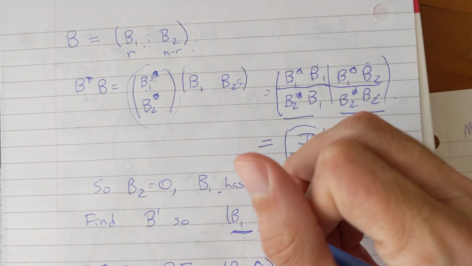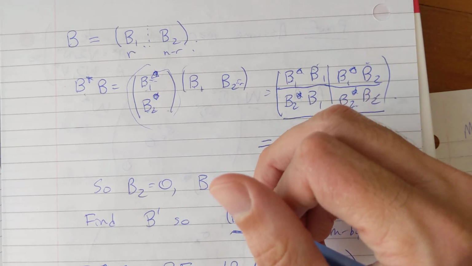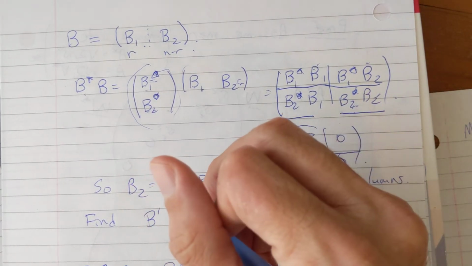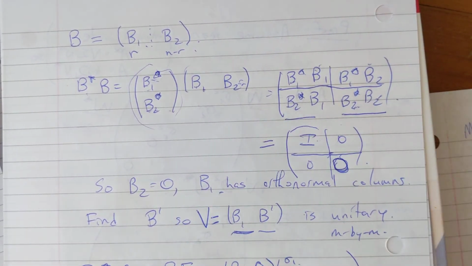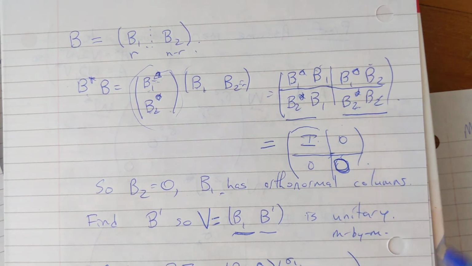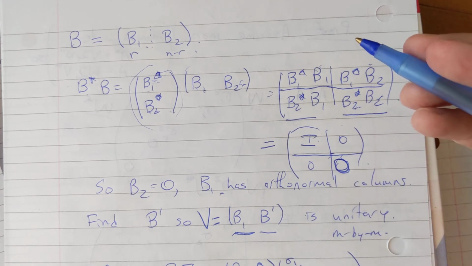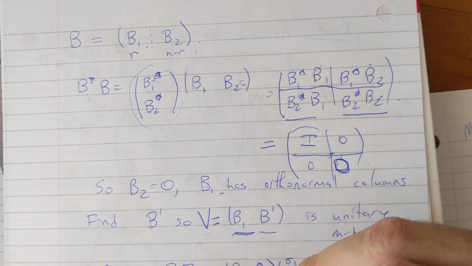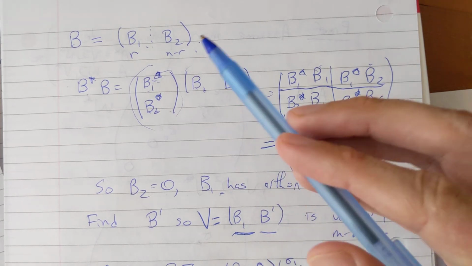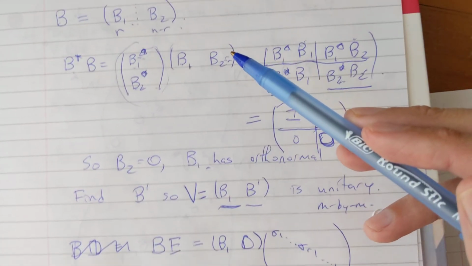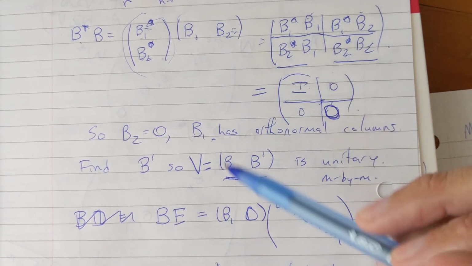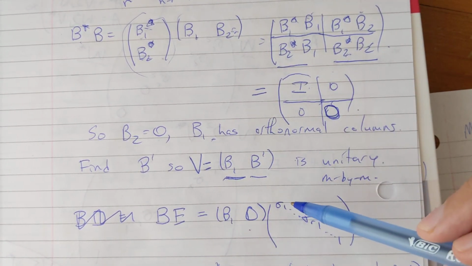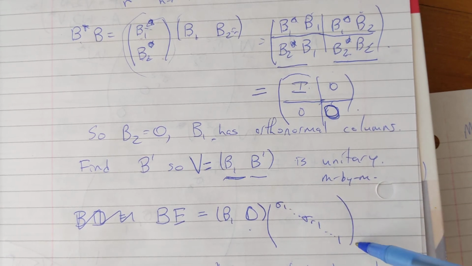We'll call this matrix V. Now we want to prove that BE has some relationship to V. First of all, B was the matrix B1, B2, and B2 is 0, so B times E is just B1, 0, and then E is sigma 1 down to sigma r followed by all 1s.